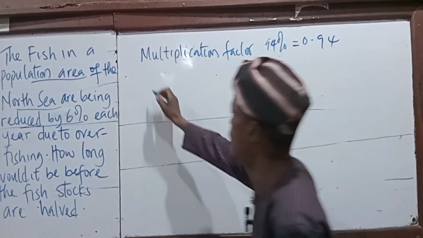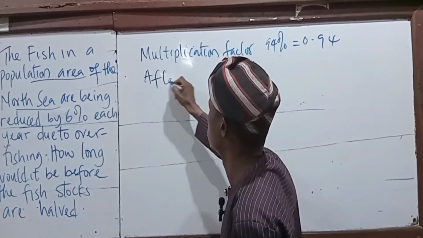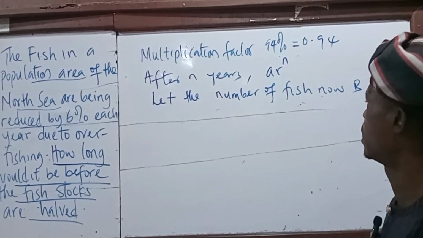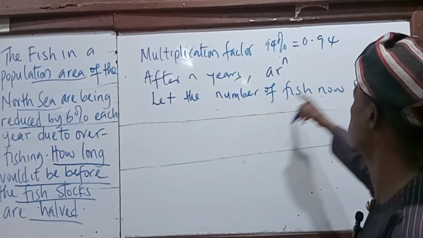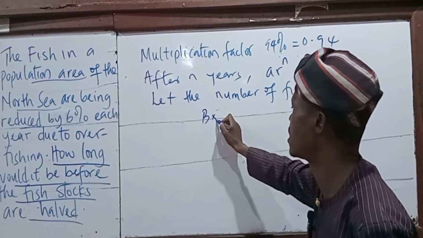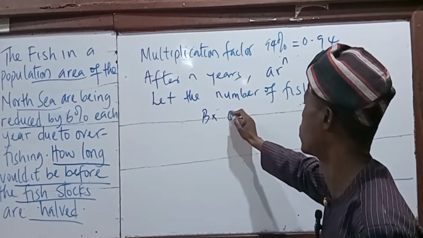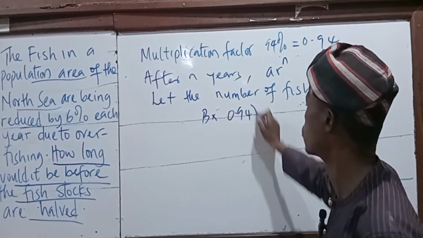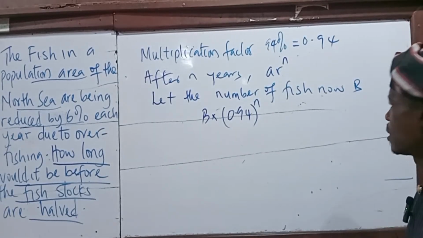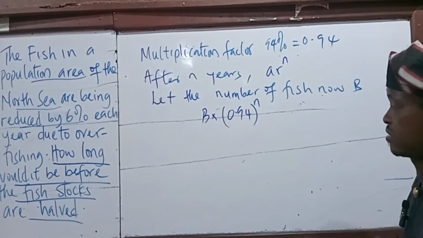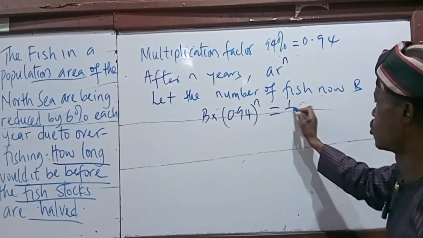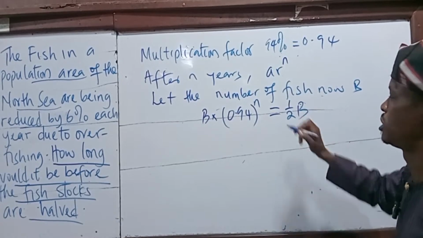So that means after n years, let the number of fish be b. So that will be b times the multiplication factor 0.94 to the power n after n years, and it is now half, so that will be 1 over 2 times b.